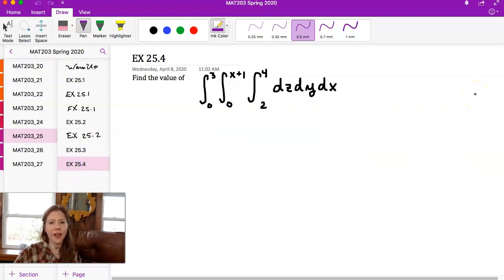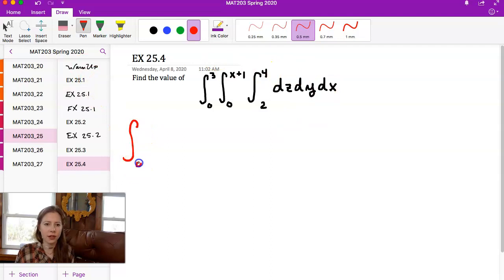And we're going to find the value of the following triple integral. And I'd like you to definitely try this one on your own. So pause it and then resume when you're ready to see the solution. So, of course, we start with the inner. So let's keep the outer integrals 0 to 3 and 0 to x plus 1.